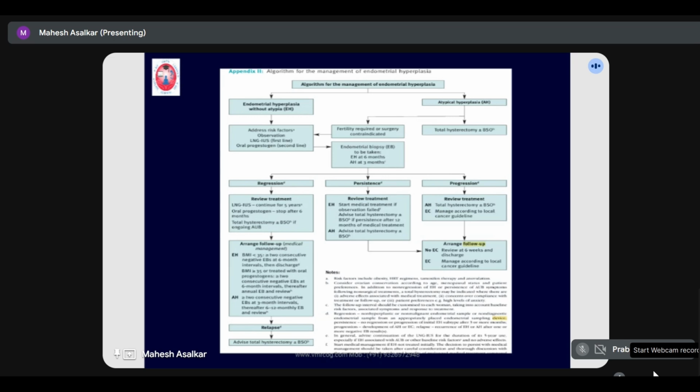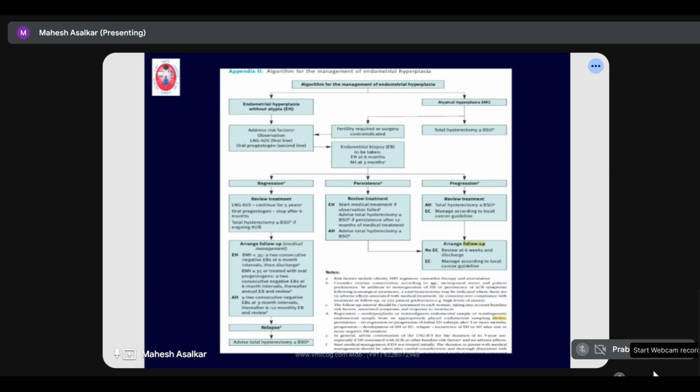Is it clear? Yes, sir. Okay, so next is persistence. Now, if there is persistence, the endometrial hyperplasia persists. In that case, we will review the treatment. In cases of endometrial hyperplasia, we will start the medical treatment if she is on observation alone.